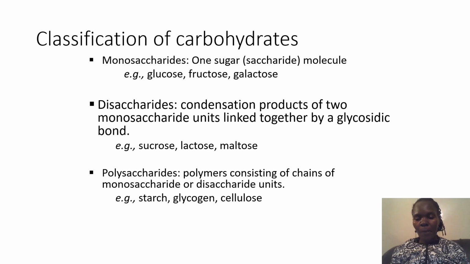Polysaccharides, from the name, are polymers of those monosaccharide or disaccharide units, a length of units still linked by the glycosidic bond. The common ones, known as the homopolysaccharides, are starch, glycogen, together with cellulose.